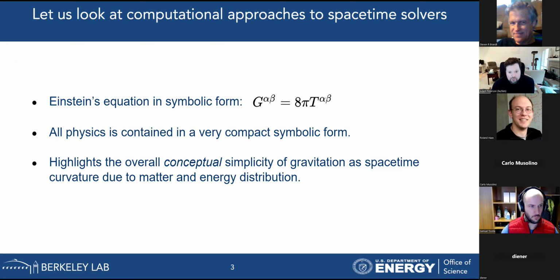Indeed, you can prove that this is the only mathematically consistent way to couple the curvature of a space-time manifold with the energy matter distribution. So it looks very simple, of course.